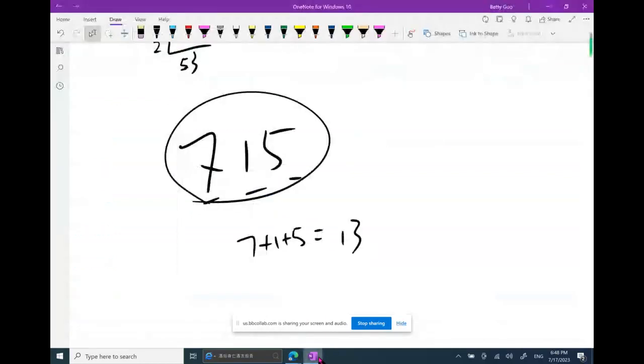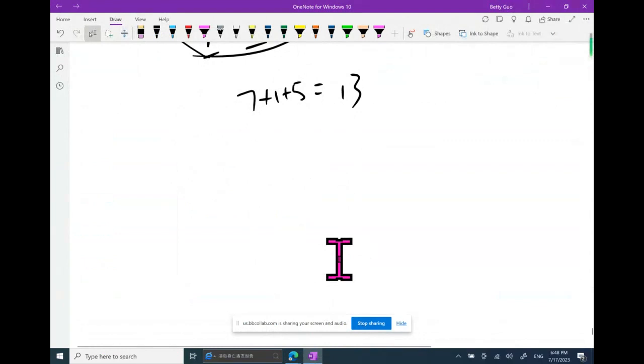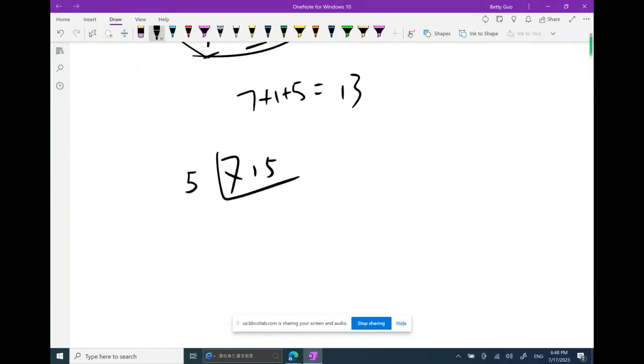715, let me analyze it. This is the trick I teach in algebra class, very useful. If I divide by 5, I have 143. Is 143 a prime number?